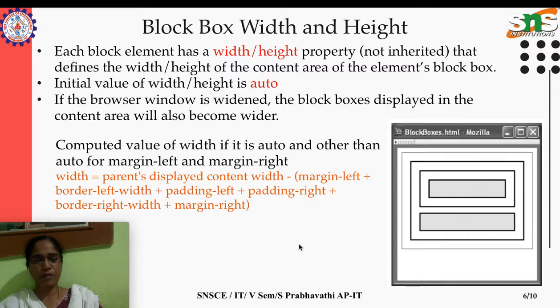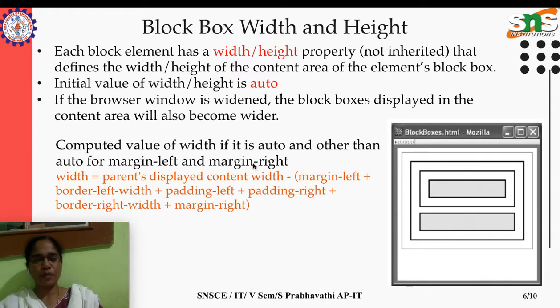How it gets the width is by this computation: width is equal to the parent's displayed content width minus margin, since we have given the margin left and margin right. And of course if there is padding left and right, it will take up all the values, and that difference is nothing but the computed value of width for this current element.